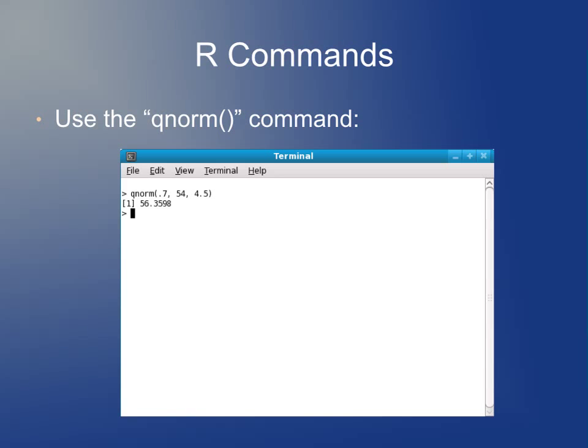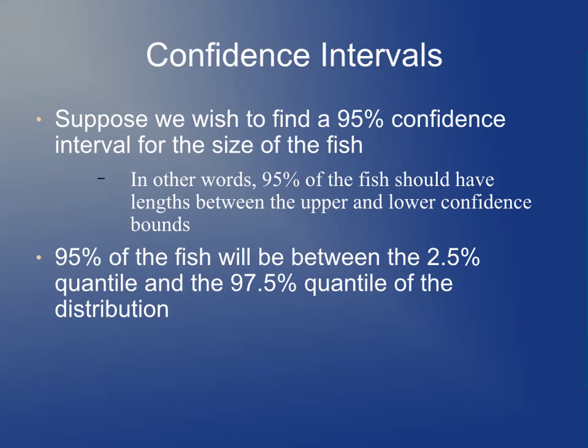If you want to find the 0.7 quantile of the distribution, you can say qnorm(0.7, 54, 4.5). It turns out the 70% quantile is about 56.36. In other words, 70% of the fish will be less than 56.36 millimeters.